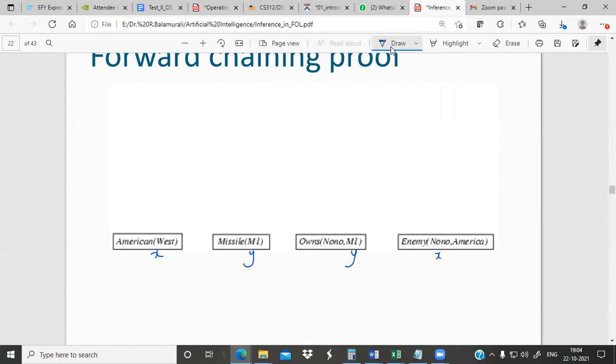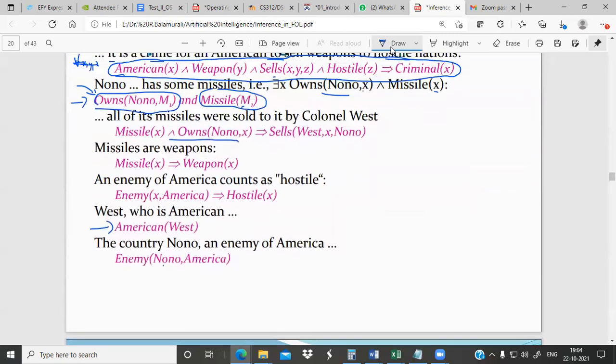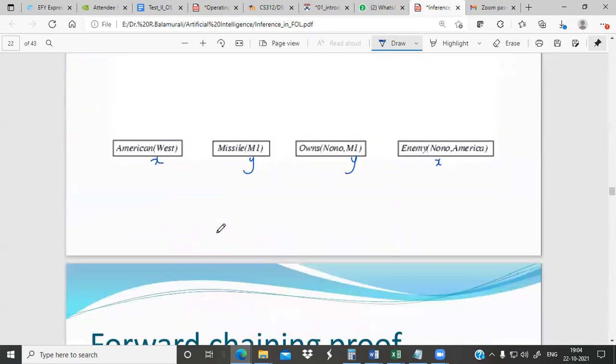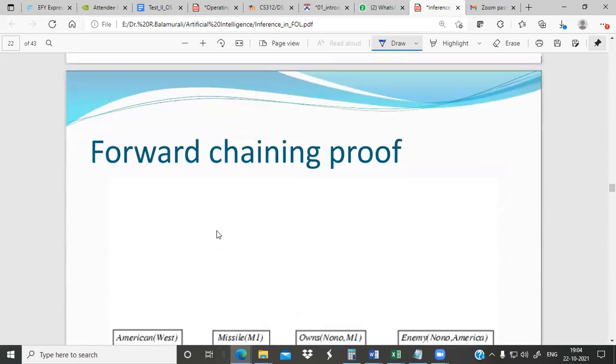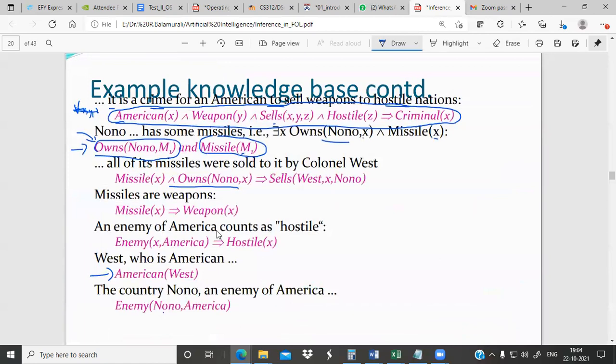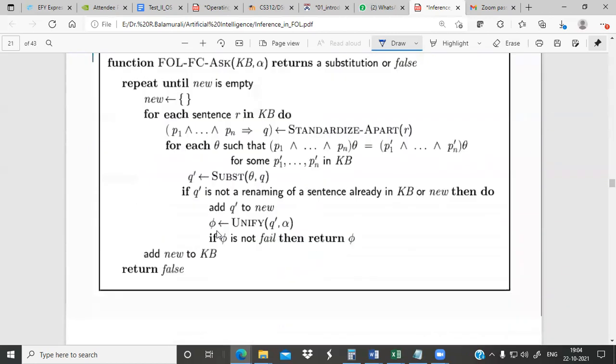But we have one statement in the knowledge base which says that West is an American. So here this X can be replaced with West. Similarly, missile of X or missile of Y, whatever it may be, when you perform existential instantiation, can be replaced with a constant.